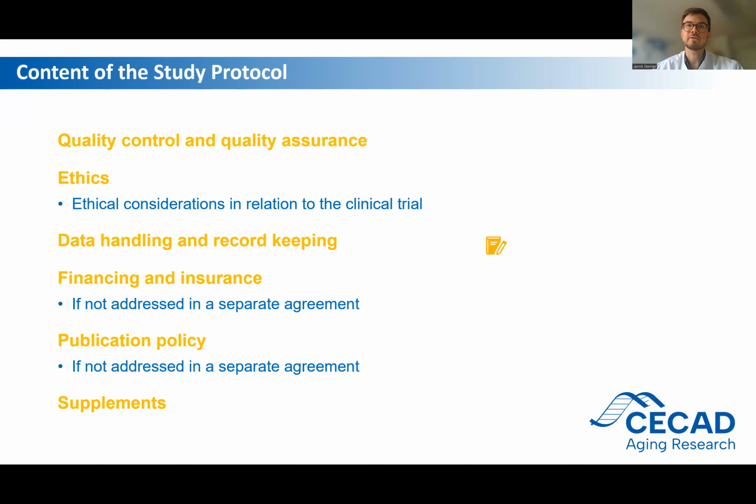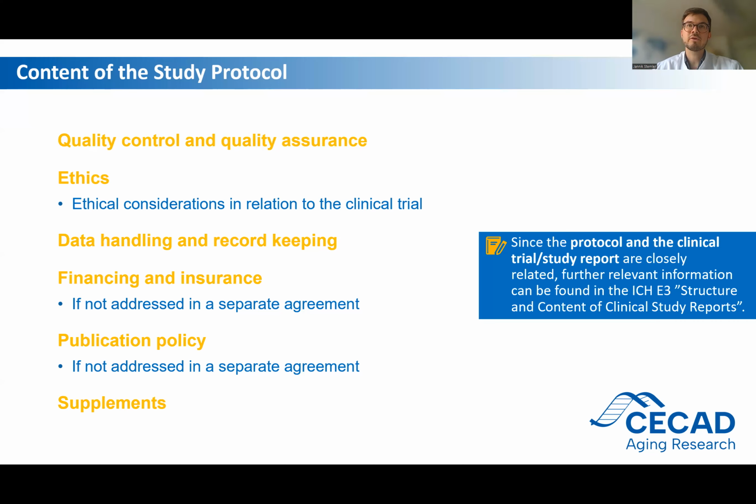Furthermore, there are supplements. Since the study protocol and the study report are closely related, further relevant information can be found in the ICH-E3 guideline structure and content of clinical study reports.